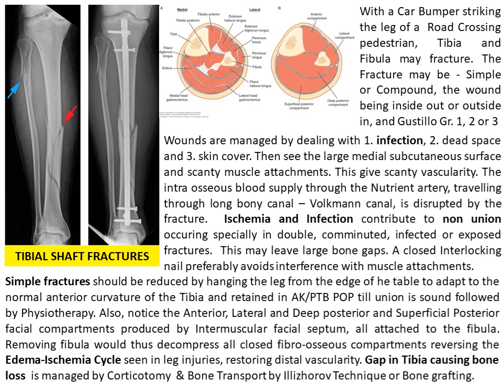Therefore, this edema-ischemia cycle, this swelling and ischemia cycle, needs to be closely monitored in closed fractures and managed by removing the fibula. If you remove the fibula, all fascia will become decompressed. Otherwise, you may have to do extensive fasciotomy.